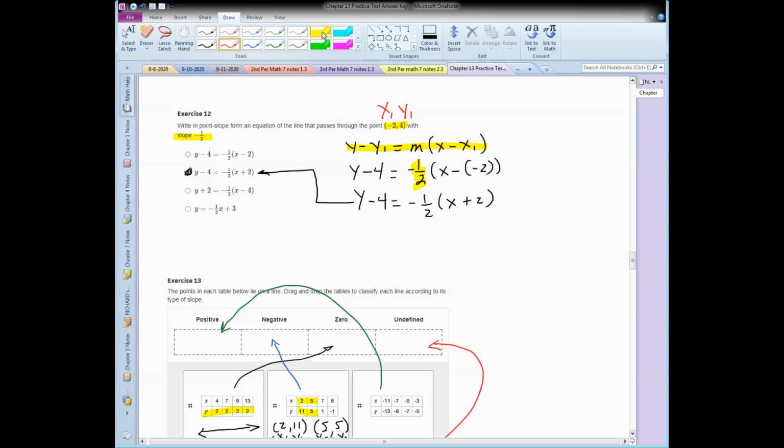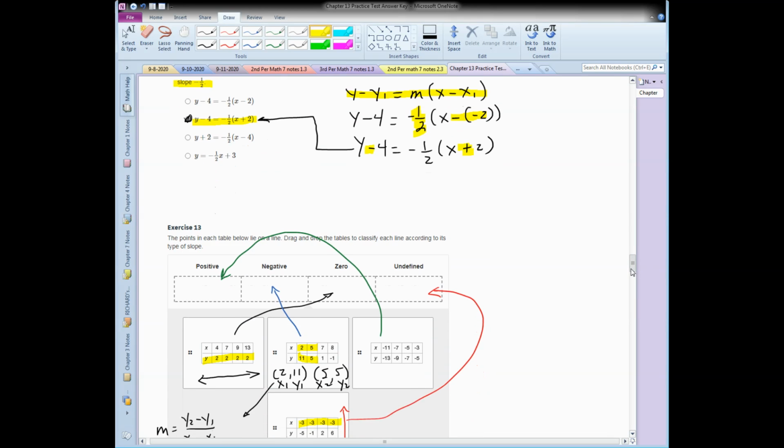I have to clean this up a little bit. Don't leave it like this, okay? So I'm subtracting a negative. I can add the opposite, so make it an addition problem. And so that way I only have one operation here, one operation there, and I have my answer, y minus 4 equals -1/2 times x plus 2, which is this answer. So you'll have a problem like that for problem 12.